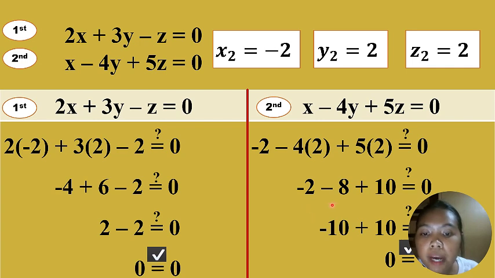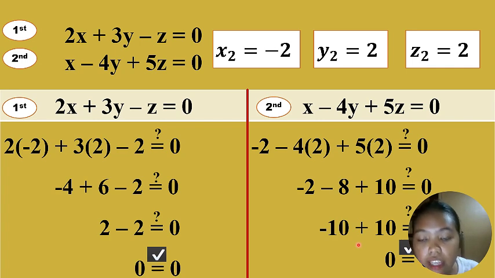Negative 2 minus 8 is equal to negative 10. And copy the positive 10. So adding them is equal to 0. So confirm that this is also equal, 0 is equal to 0.